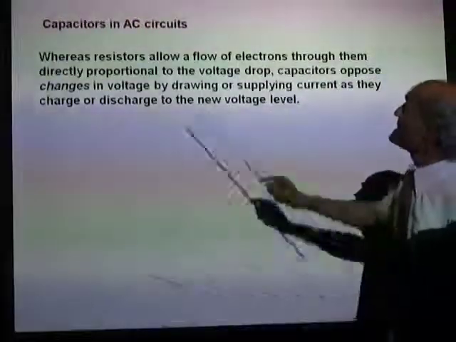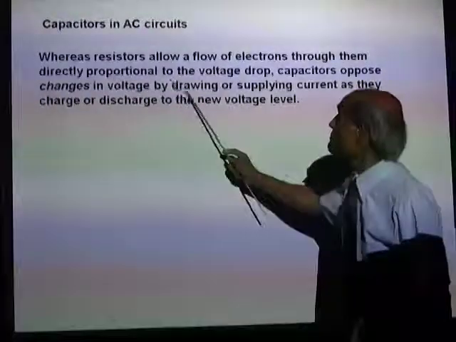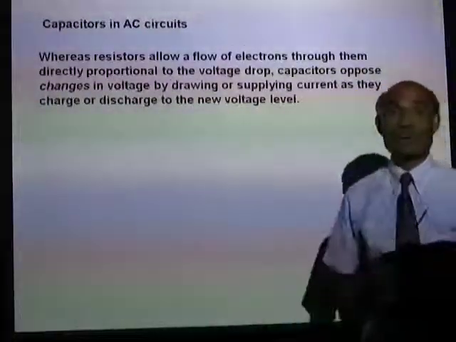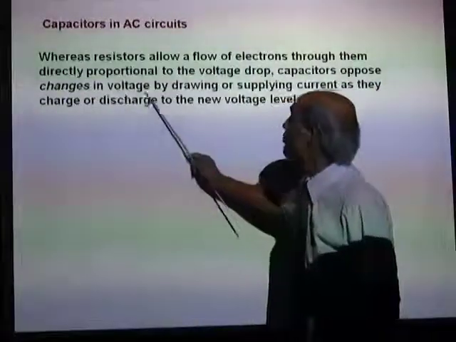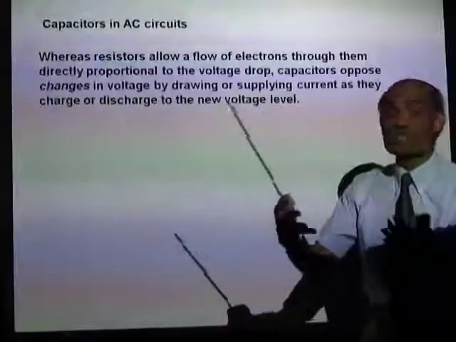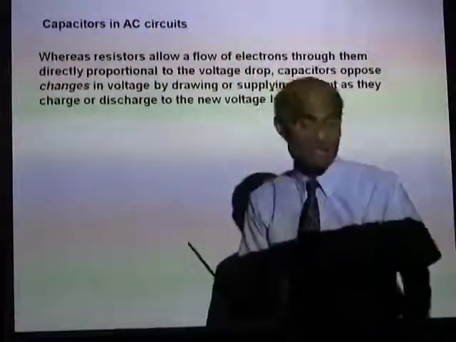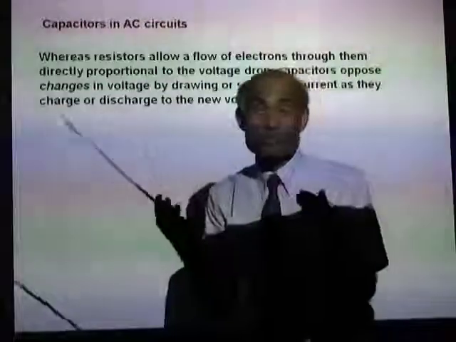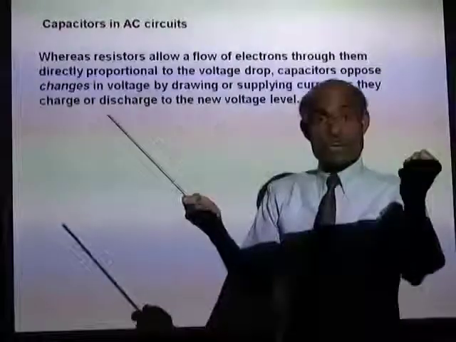Whereas resistors allow a flow of electrons through them directly proportional to the voltage drop, capacitors oppose change in voltage by drawing or supplying current as they charge or discharge. You see, a current flows through a capacitor only when it gets charged or discharged.